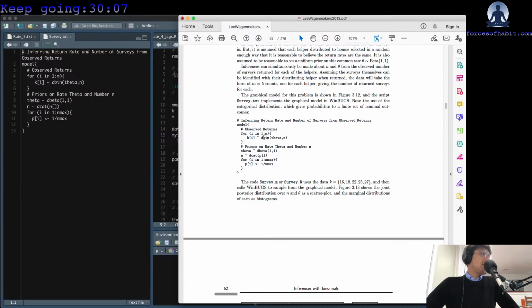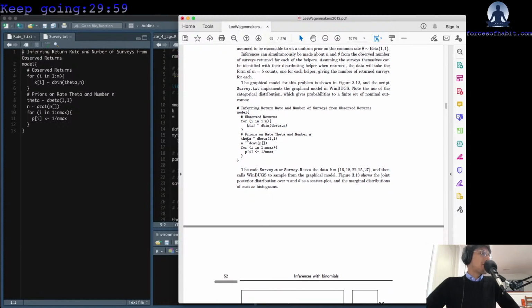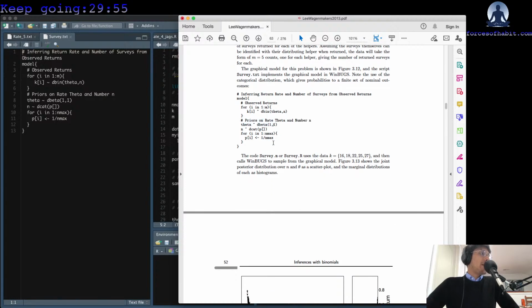This is interesting because we don't know the rate and we don't know n, but we're going to estimate those for each of the subjects. So our priors, we're going to use an uninformative prior, and now we have n, which is distributed as a categorical, with an empty list here that looks like p.